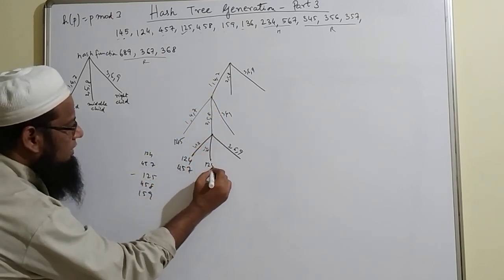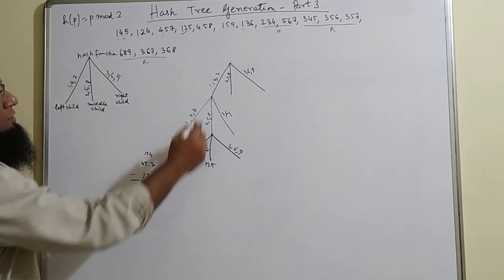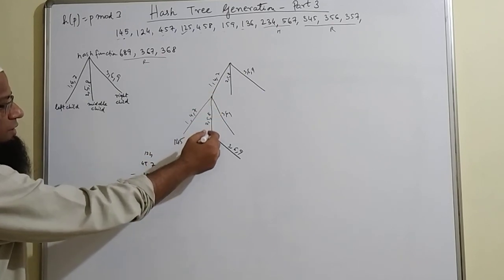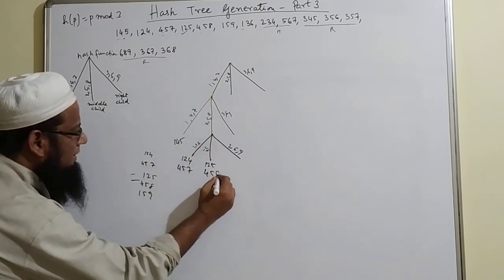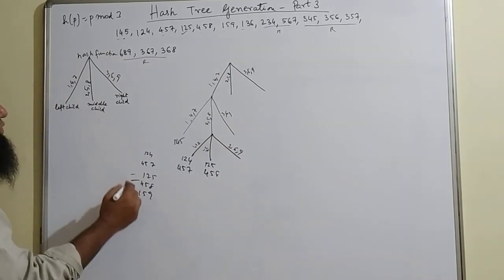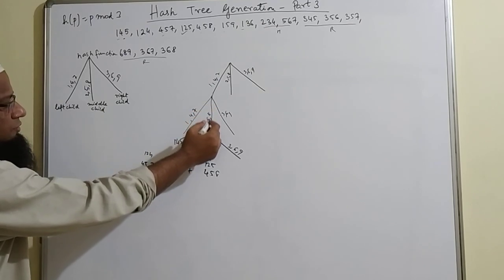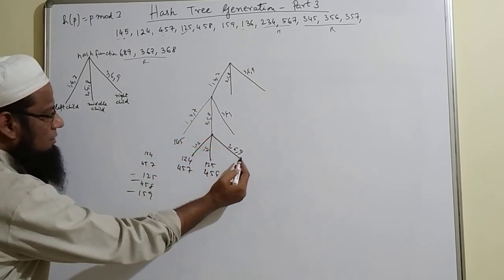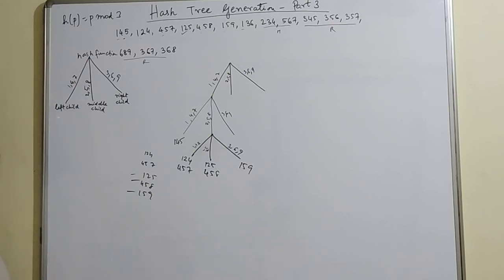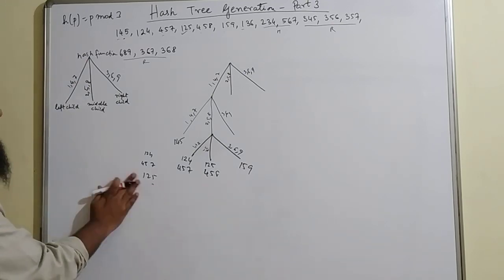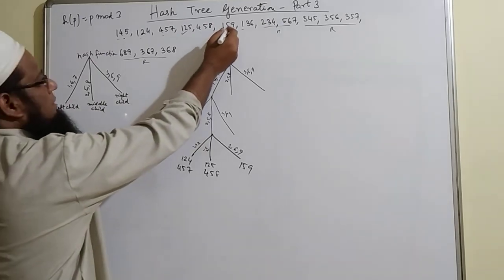So this is 125. Then you have 458. This is 4, this is 5, where is 8? That is in the middle. So this is 458. Then where are you going to place 159? So this is 1, this is 5, and this is 9. So here you write 159. Since we are done with these numbers, we are going to remove this. So till here it is done.